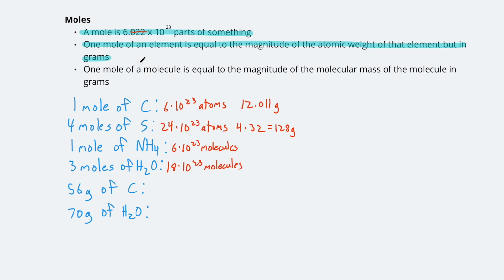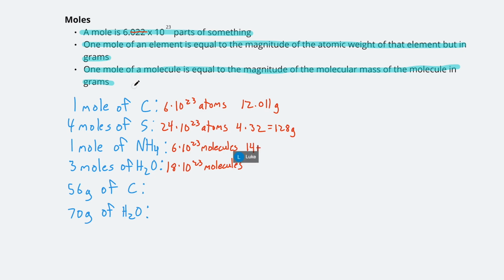The same idea can be applied to molecules. In the previous video, we talked about how to find the molecular mass, and 1 mole of a molecule is equal to the magnitude of the molecular mass, but this time it's in grams again. So for our example of the NH4, we find the molecular mass by adding up the atomic weights of the elements within the molecule, and those atomic weights are about 14 and 1.